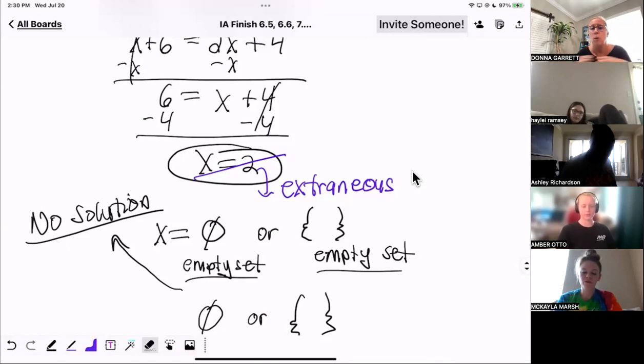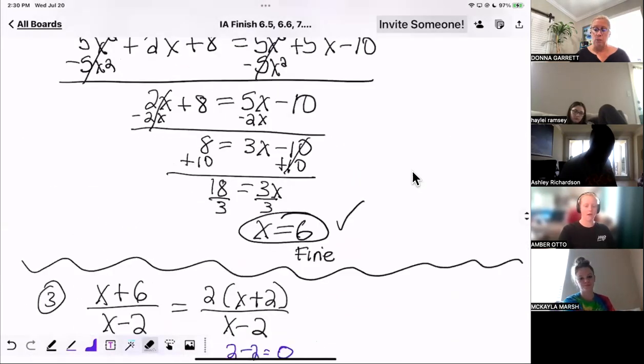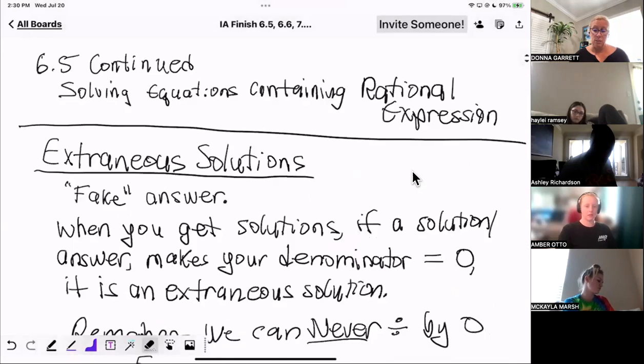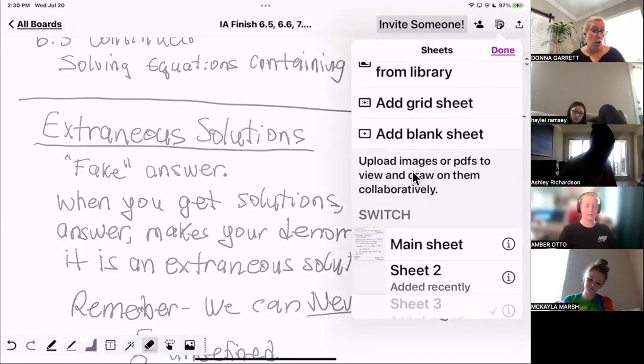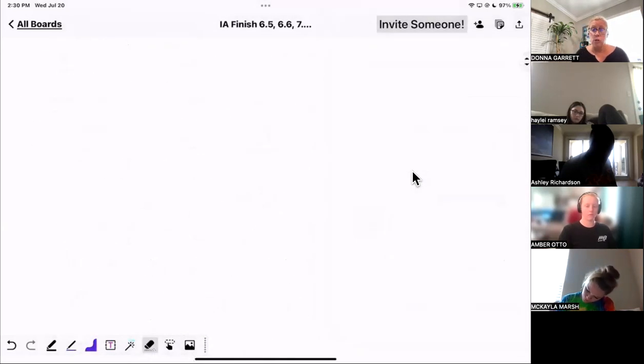When you have absolutely no answers left, empty set or no solution. Sometimes you'll get one that's extraneous, sometimes no extraneous, and sometimes you'll get all extraneous. So it just depends. If you have no answer left, it's no solution. And that's the notation that we just talked about.